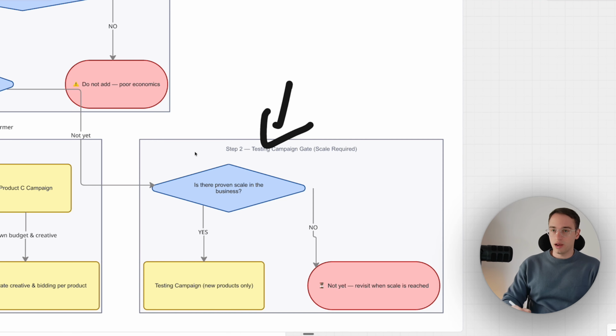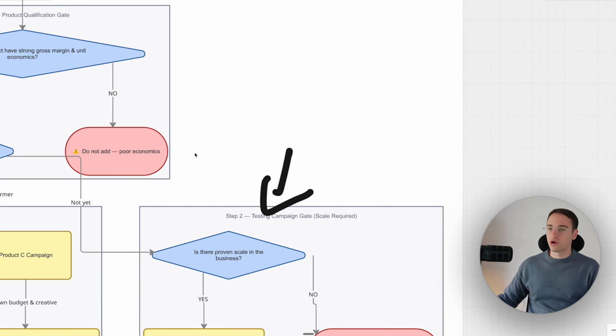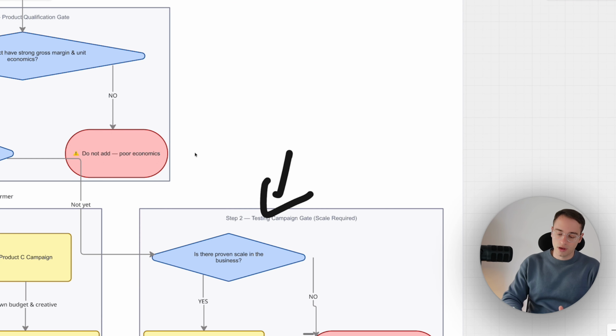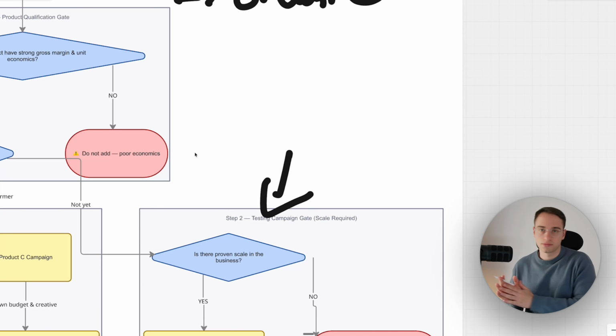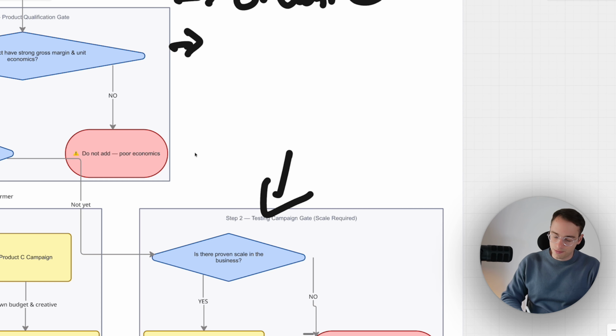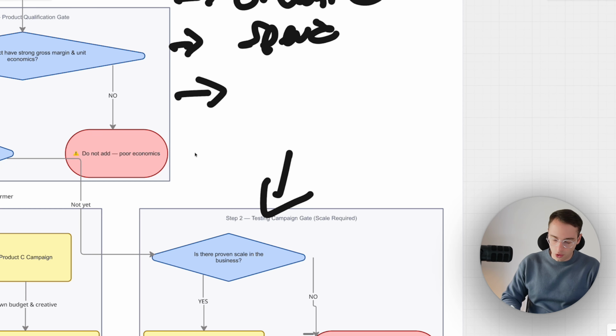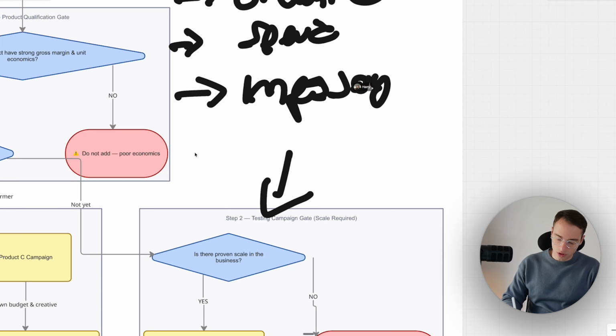But just to visualize the complexity that adds to the business, you need another resource for creative, which potentially means a dedicated creative strategist, maybe not at the start, but definitely later. Or it pulls time away from your current creative strategist. Then you're going to have spend, which we talked about, and completely different messaging, which is a completely different thing to scale.